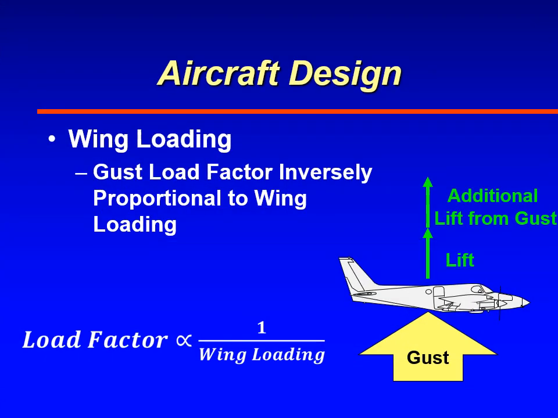Suffice to say, or you can take it on faith, that the change in load factor is inversely proportional to the wing loading of the aircraft. Which means that for higher wing loadings, the change in load factor is smaller. For lower wing loadings, the change in load factor is higher.